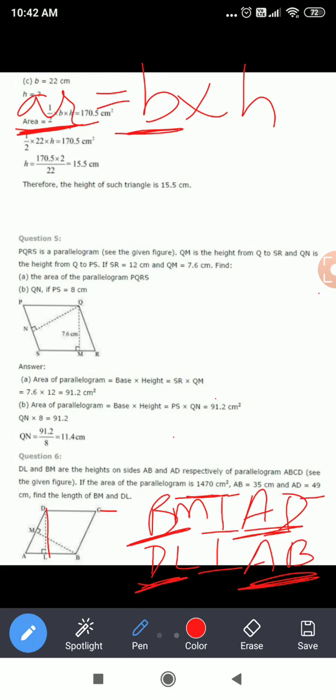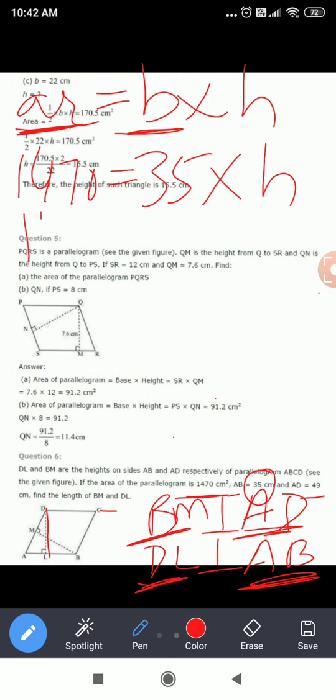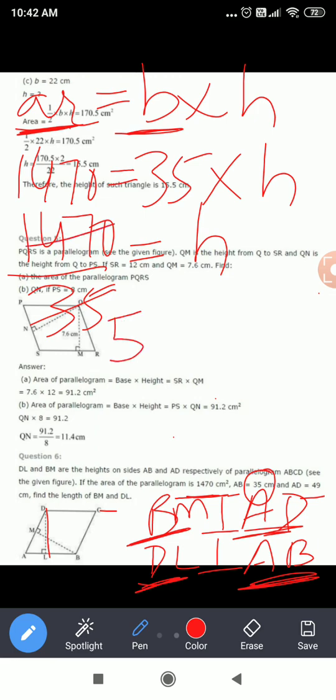We will put the area 1470 is equal to base, first for AB, 35 into H. So 1470 upon 35 is equal to H. 7 5s are 35, 7 2s are 14, 7 1s are 70. Now 5 4s are 20, 5 2s are 10. So H will be 42 centimeter.